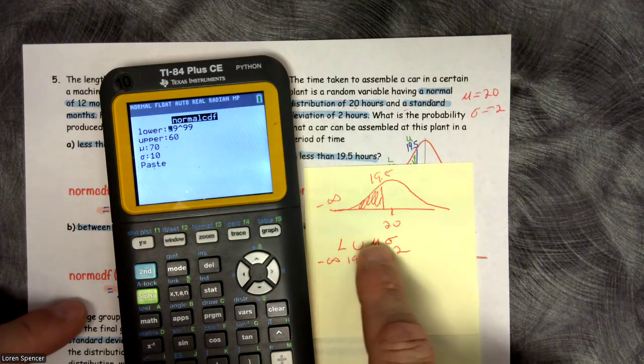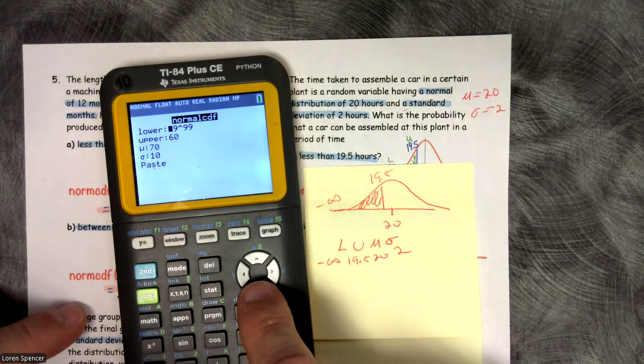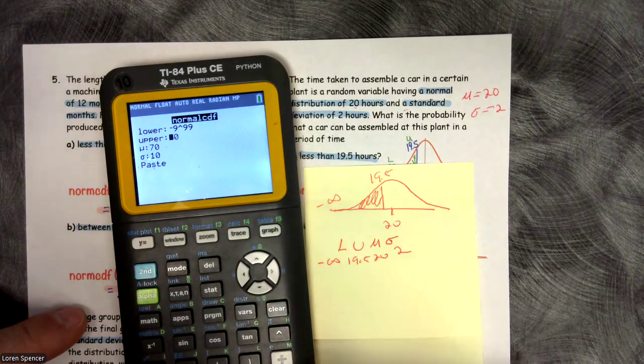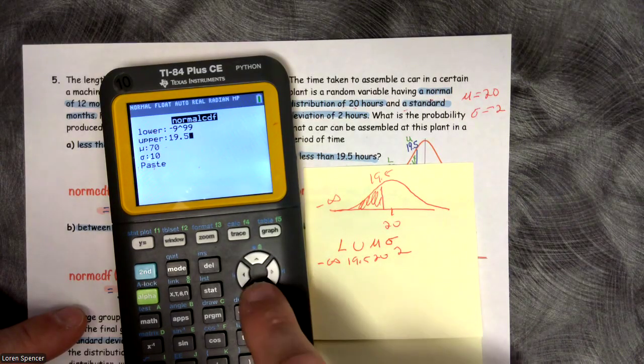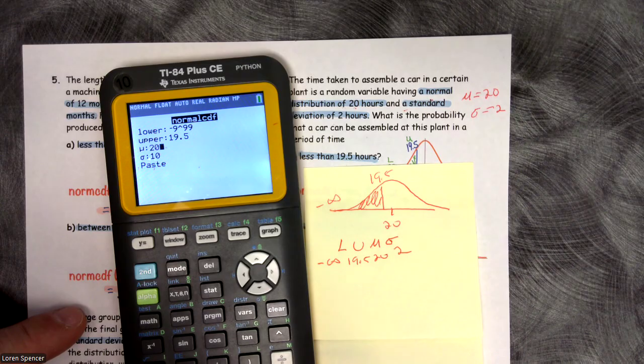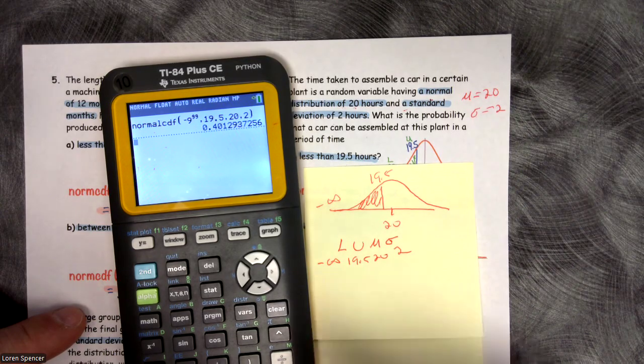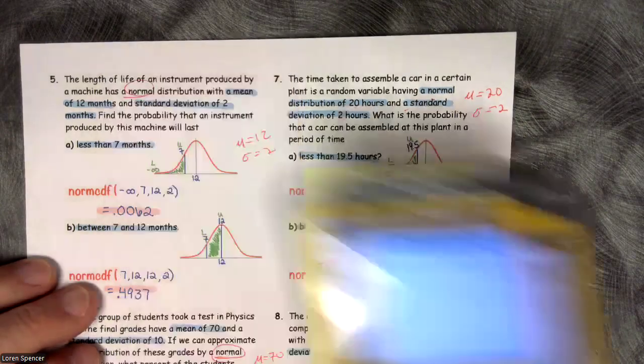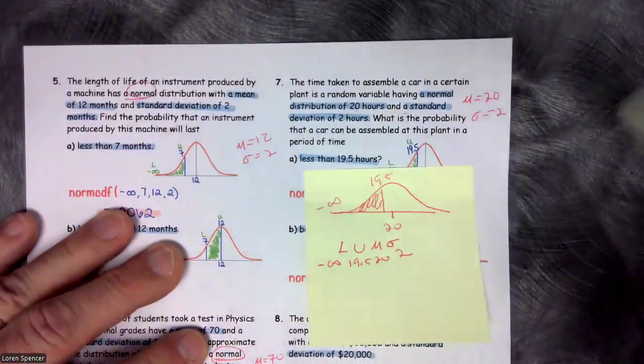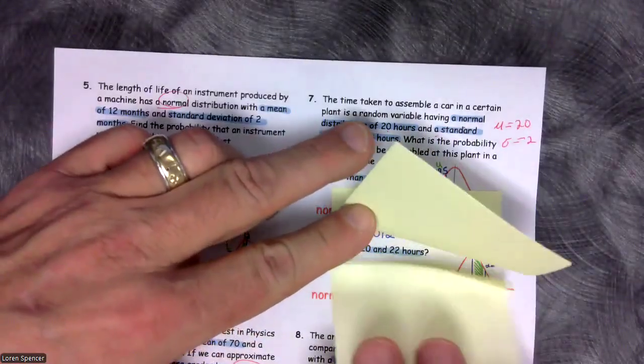So we have negative 9 raised to the 99th, then an upper part of our shading of 19.5, a mean of 20, and a standard deviation of 2. And we get 0.4012. Oops, that didn't go well.